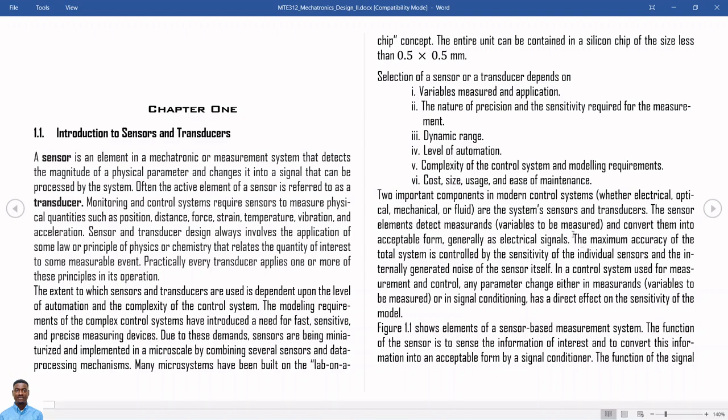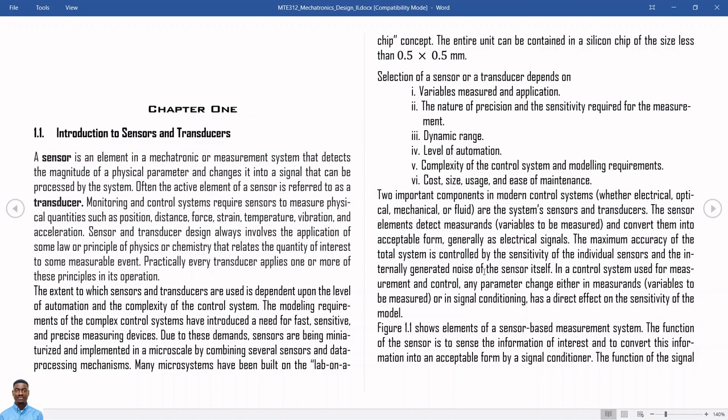So the maximum accuracy of the total system, in this case a control system, is controlled by the sensitivity of the individual sensors and the internally generated noise of the sensor itself. By now you should know what noise is. When you have signals that are fluctuating, every sensor has its own noise.